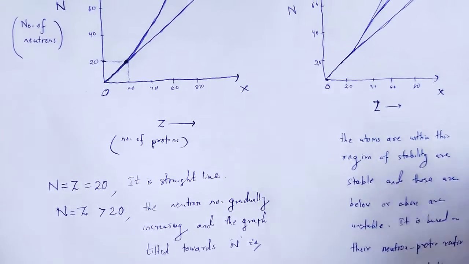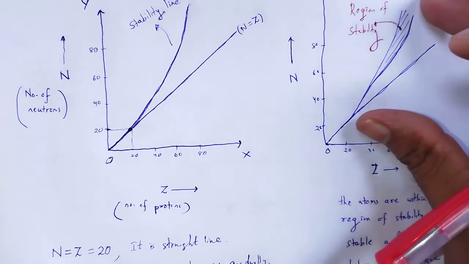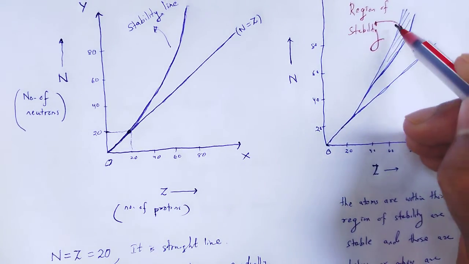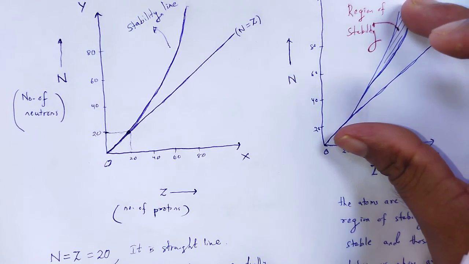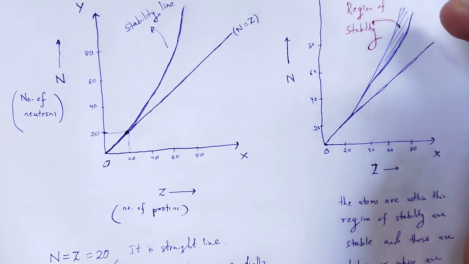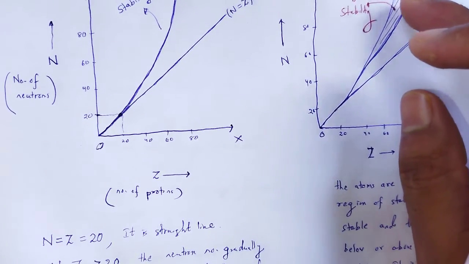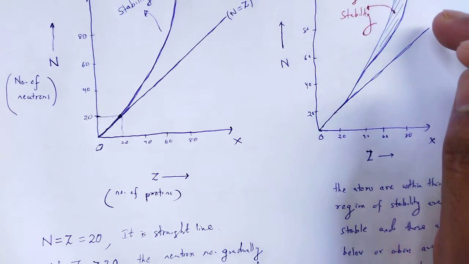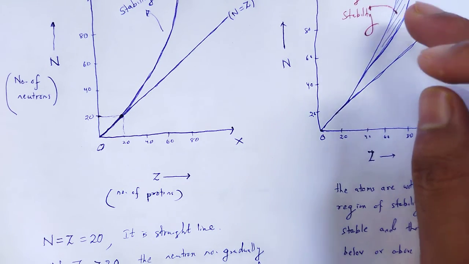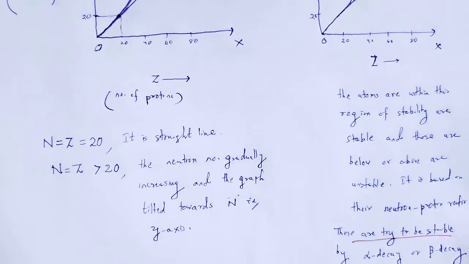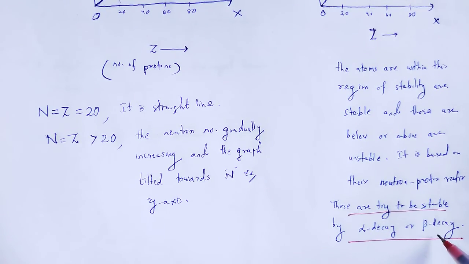Those unstable nuclei are either above or below the stability region. We call these unstable, and these atoms try to be stable by decaying.